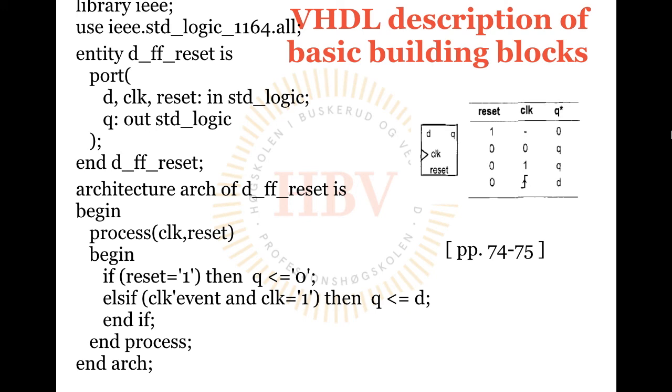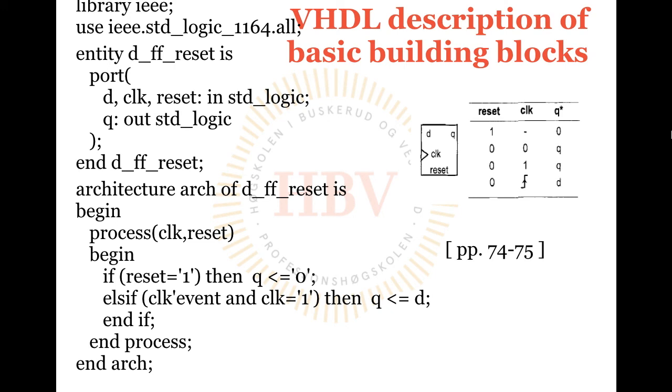Let me quickly go through the code with you. First off, we start by defining the inputs and outputs. D, clock and reset are standard logic inputs, and Q is the only output we have, which is also a standard logic.